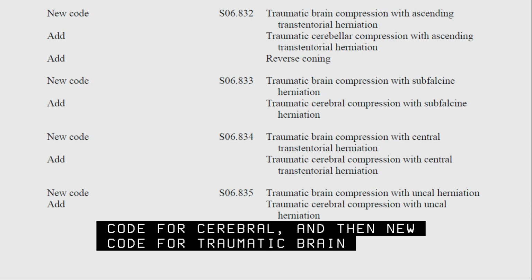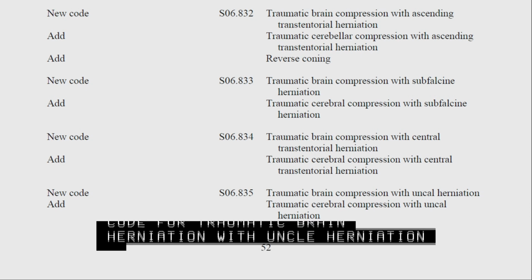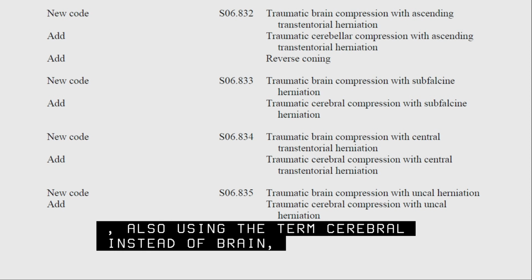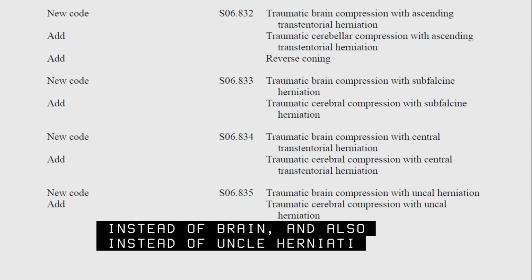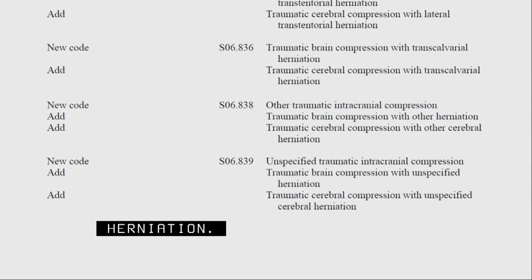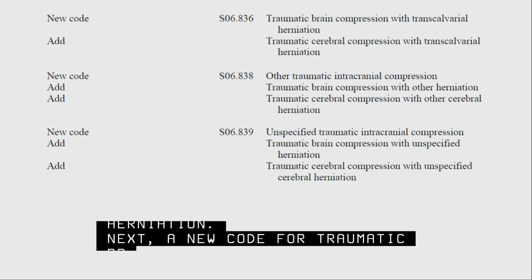Also using the term cerebral instead of brain, and also instead of uncal herniation, the term lateral transtentorial herniation. Next, a new code, S06.836, for traumatic brain compression with transcalvarial herniation. Also an inclusion term with the term cerebral instead of brain.